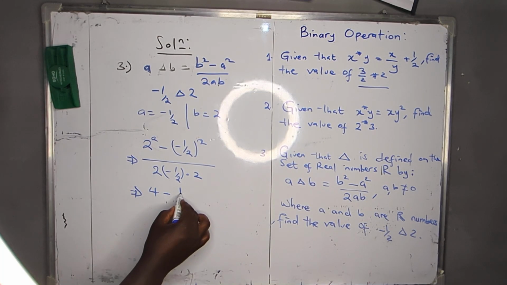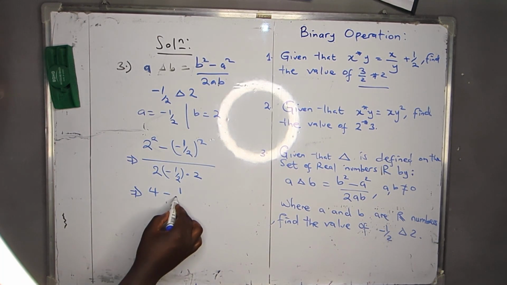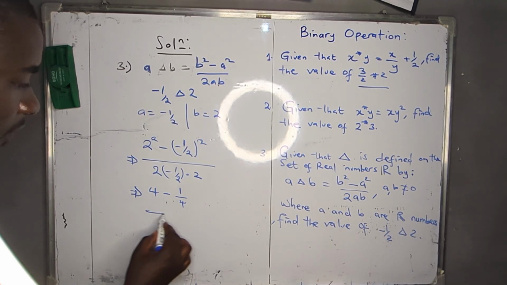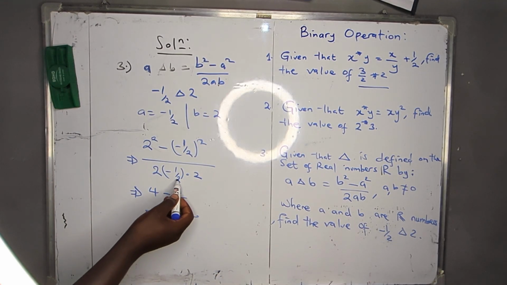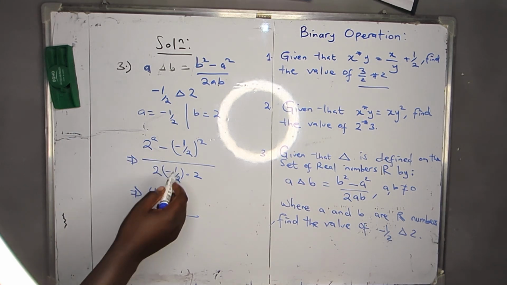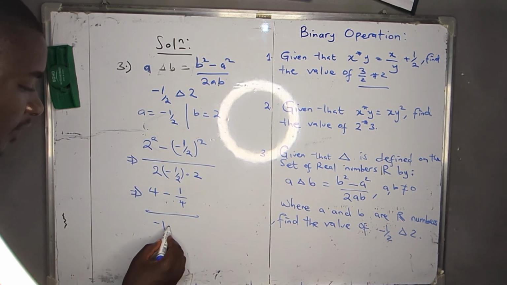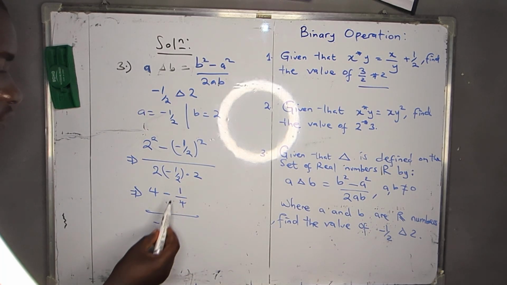So on top, indices, this one on top is just a 1, that one down is a 4, over. Now, if you multiply 2 and a half, you're just getting a -1, because this one will cancel with this one. So that is going to be -1. A -1 times a 2, we're getting a -2.